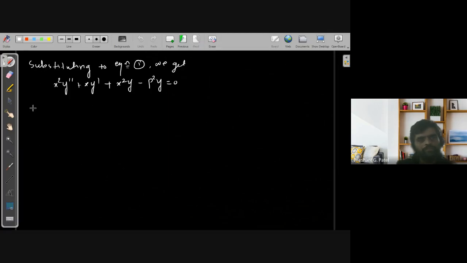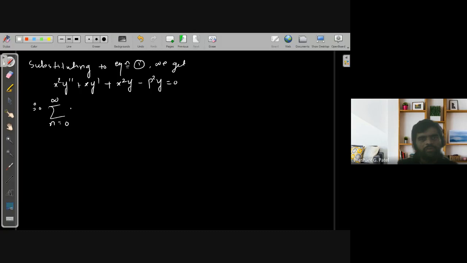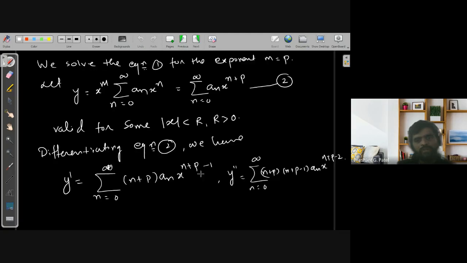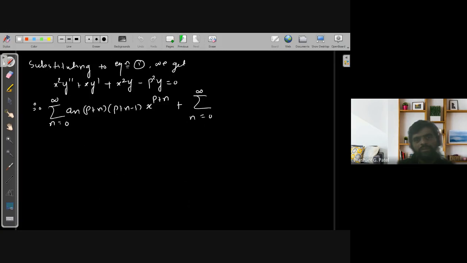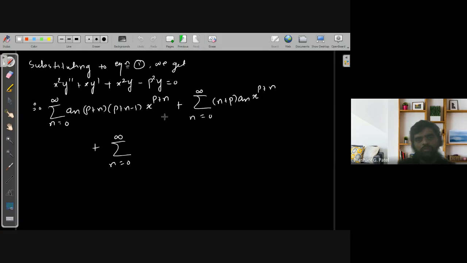Now substituting the values, we have x square multiplied to this y double dash, so we can have it as the summation n running from 0 to infinity of a_n (n plus p)(n plus p minus 1) x raised to n plus p, and plus the summation n running from 0 to infinity, where x is multiplied to y dash, so that is (n plus p) a_n x raised to p plus n, plus the summation n running from 0 to infinity, for y multiplied by x square, so it is a_n x raised to p plus n plus 2.